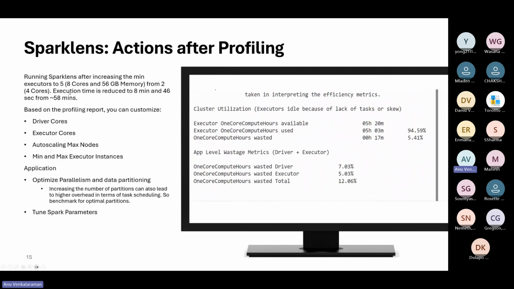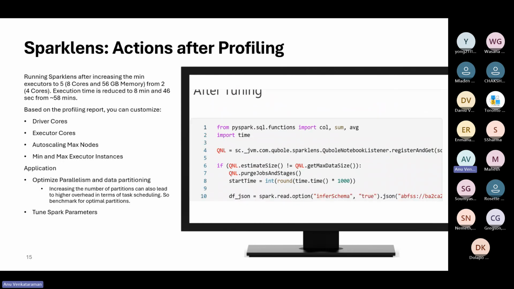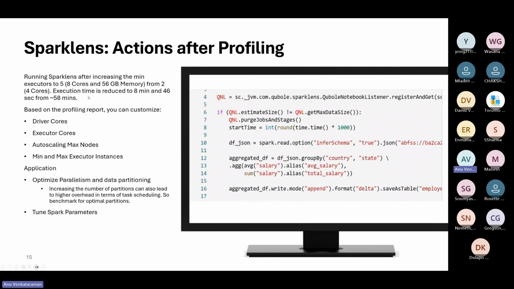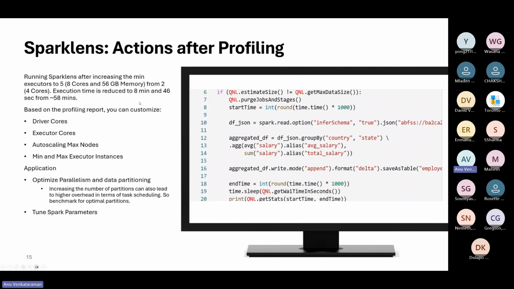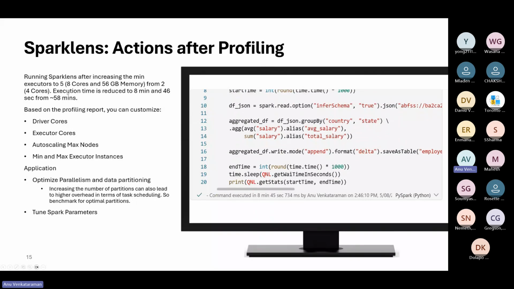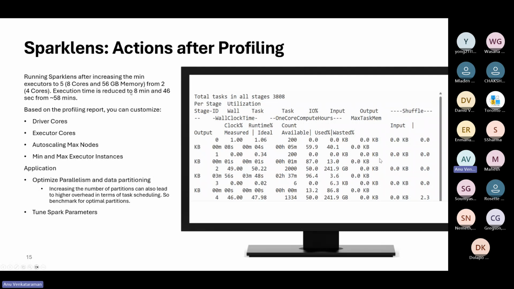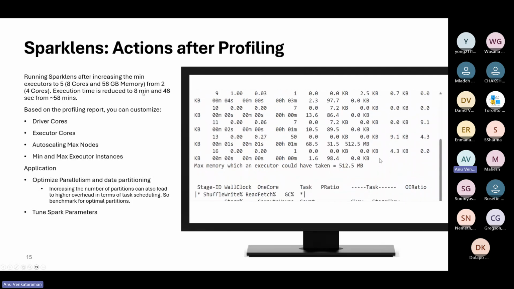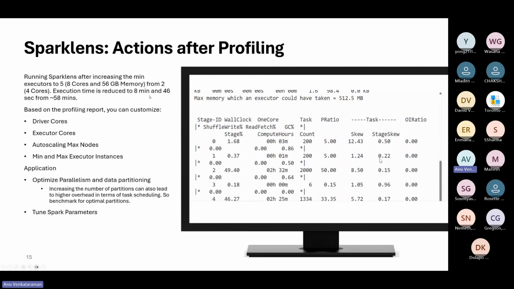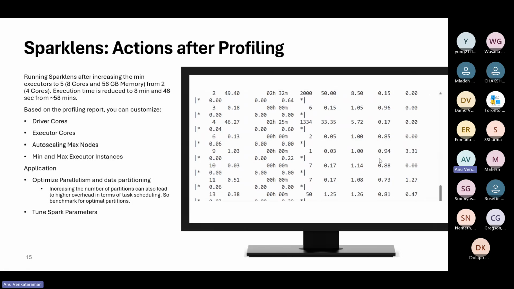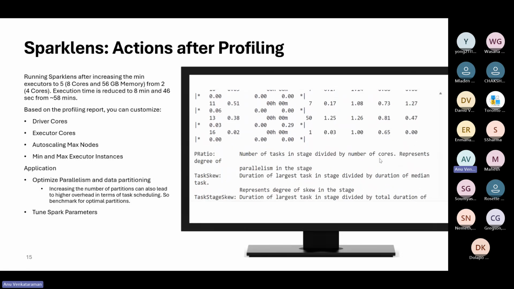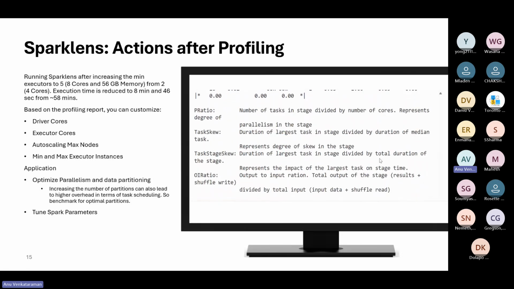So in total, we have 40 cores available for this job. The execution time is reduced to 8 minutes from around 58 minutes when it was running with two executors. So Spark Lens can help you decide whether you need to invest your time in the code or add more resources.